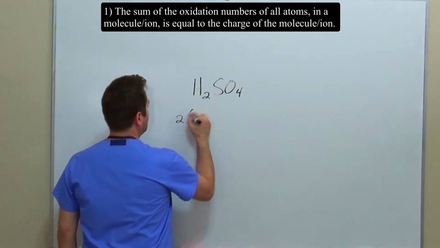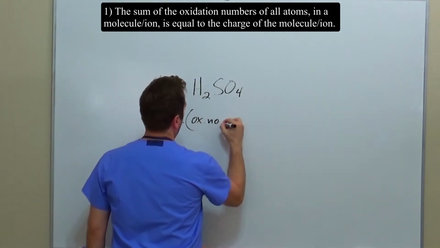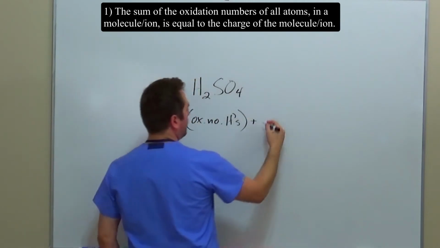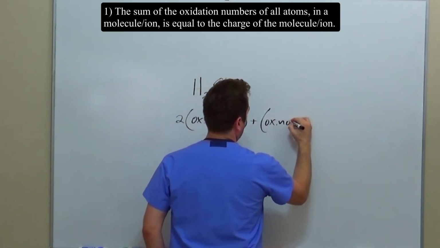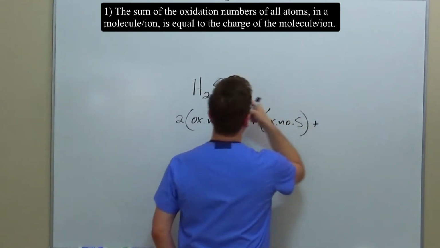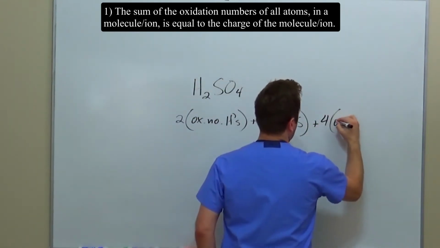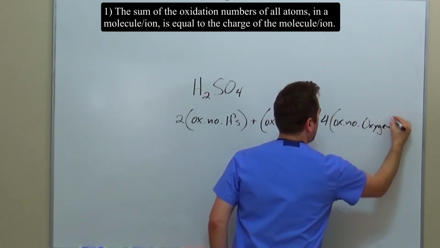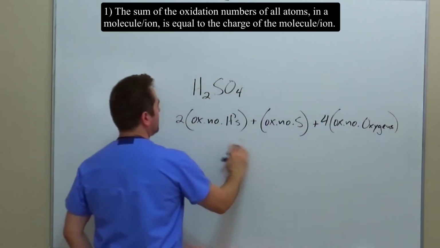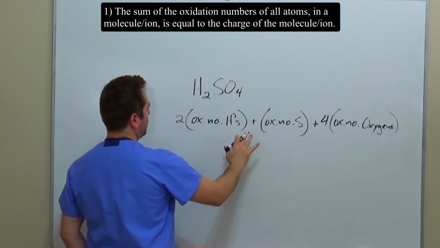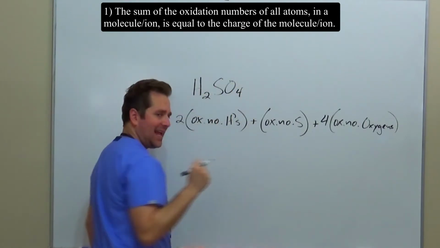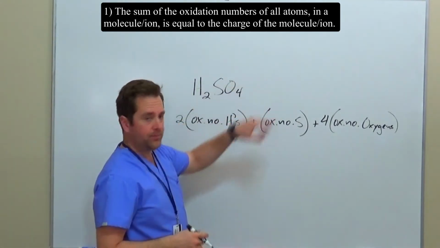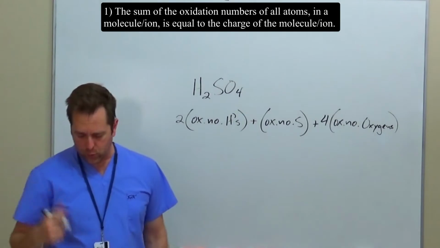So you'd have 2 times the oxidation number of the hydrogens, plus, since there's only one sulfur, the oxidation number of sulfur, plus 4 times the oxidation number of the oxygens. And you just add them up, and that is going to be your total. In this case, it should equal out where they all cancel one another, because this sulfuric acid is not a charged molecule. It's neutral. So that's number one, the first rule.